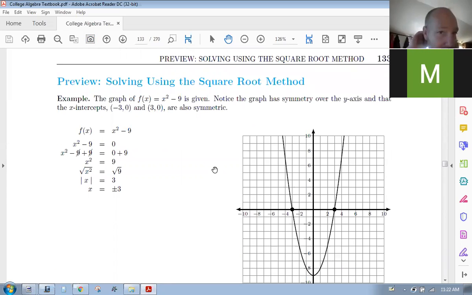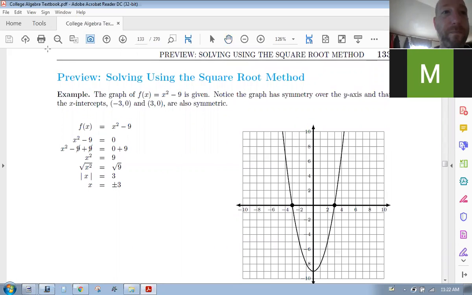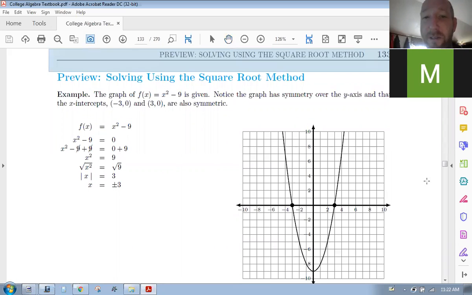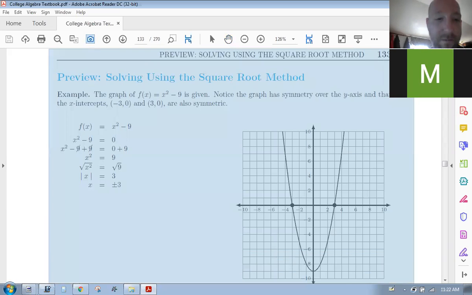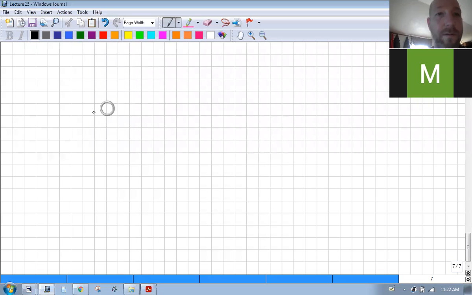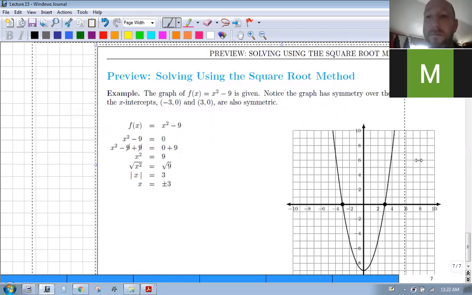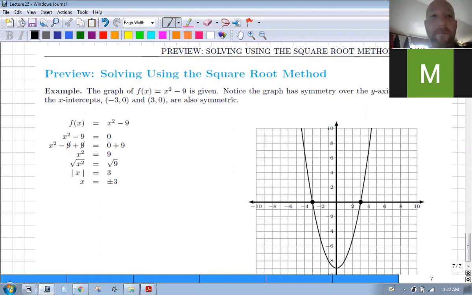All right, the root method, page 133. I've already mentioned this a little bit before. The graph f of x is x squared minus 9 is given.